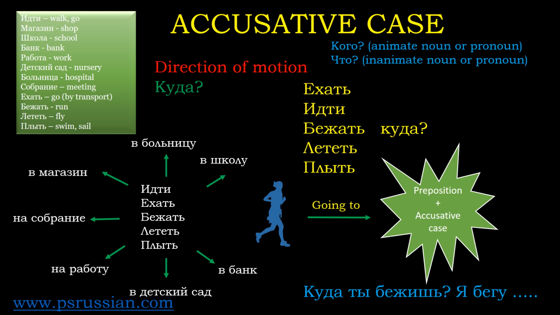I must say that in English you would change a preposition when location switches to motion. In Russian, we are going to keep the same preposition but change the case. For example, she works at the shop or she's going to the shop. In both these cases, we will use preposition в.